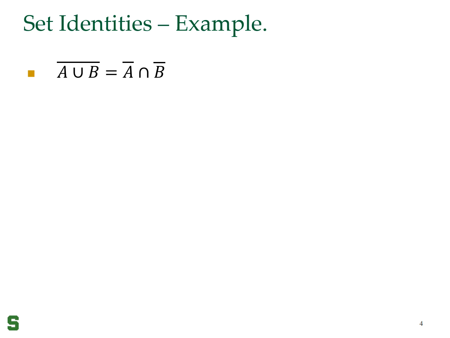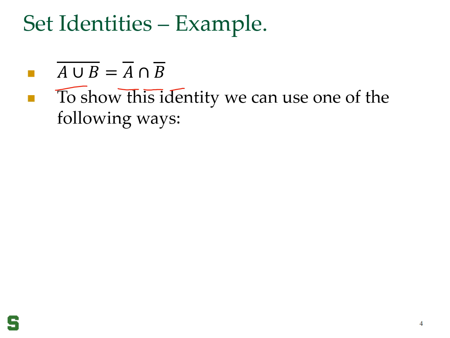So let's look at one example. Here we want to say A union B, complement of that, is the same as A complement intersection B complement. To show this, we can use one of the following ways. We can use the fact that two sets are equal if and only if the first set is a subset of the second, and vice versa.